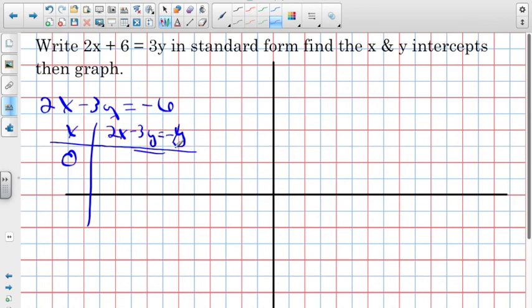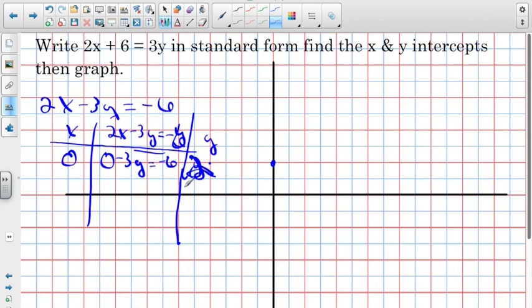So when x is equal to 0, I'm going to get 0 minus 3y is equal to negative 6. If I divide both sides by negative 3, I come up with y is equal to 2. So when x is equal to 0, y is equal to 2.